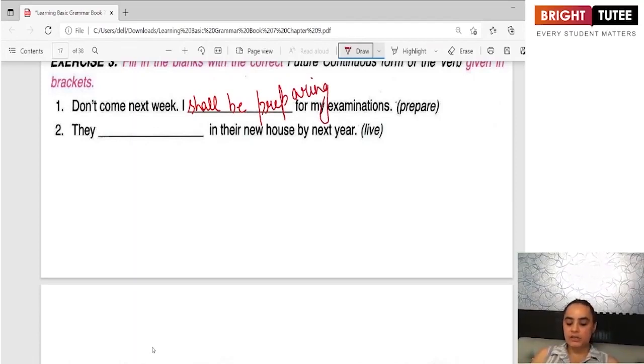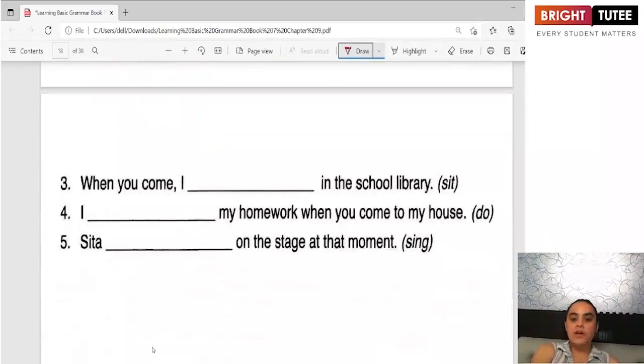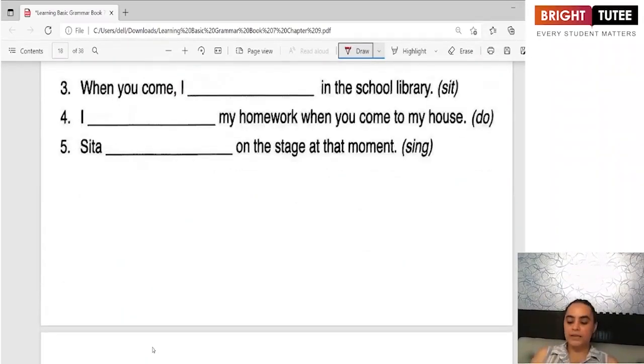They dash in their new house by next year. So, they will be living in their new house by next year. When you come, I dash in the school library. So, when you come, I shall be sitting in the school library.